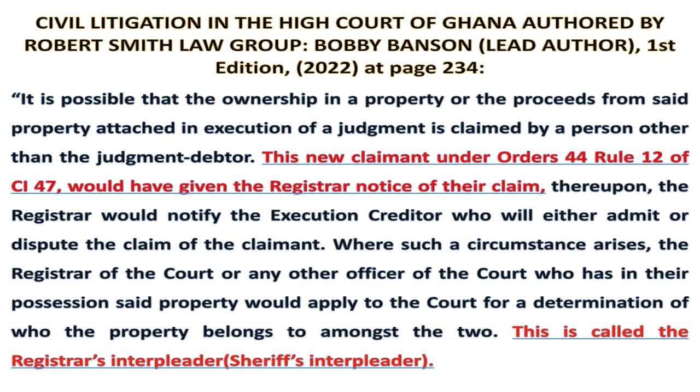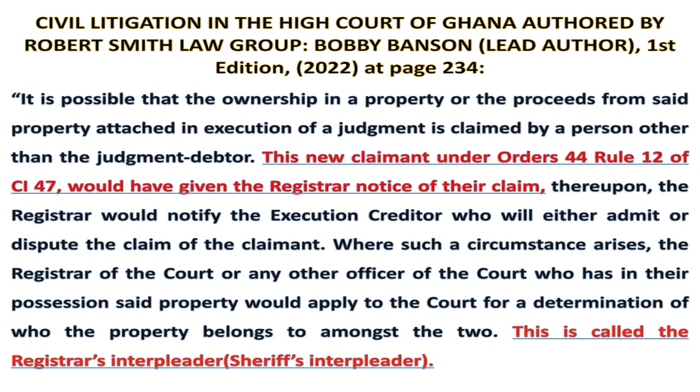And I quote, "It is possible that the ownership in a property or the proceeds from the said property attached in execution of a judgment is claimed by a person other than the judgment debtor. This new claimant under Order 44 Rule 12 of CI 47 would have given the registrar notice of their claim. Thereupon, the registrar would notify the execution creditor, who will either admit or dispute the claim of the claimant.